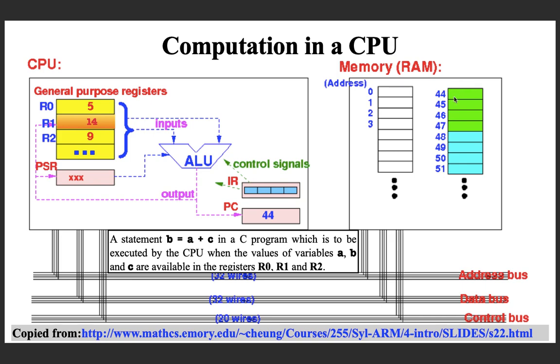That means the next instruction needs to be taken from the memory. So the PC will give the address to the memory unit through the address bus. It is the address bus that carries the address.